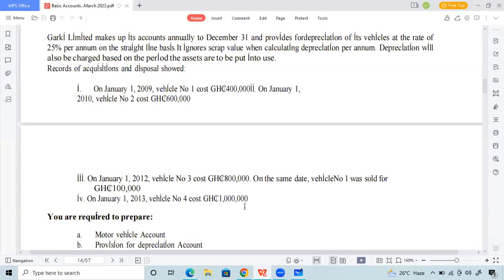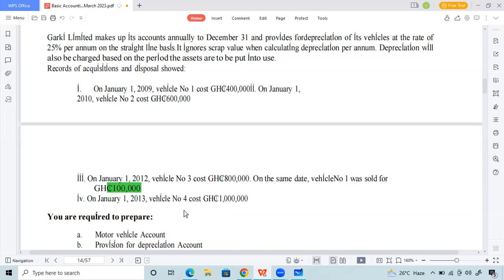Please don't forget about this amount, 100,000. This is the amount that you receive when you sold this particular car. What you are going to record now in this asset account, we are not going to use this 100,000 for now. It is when we are doing the disposal account that we are going to be talking about that one.